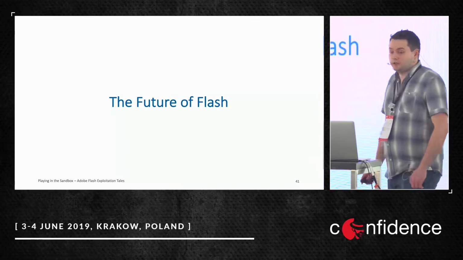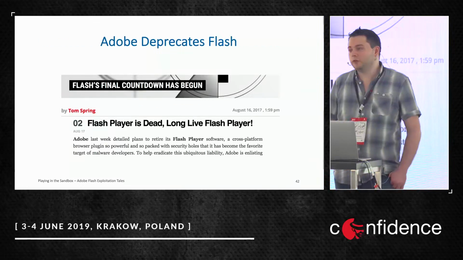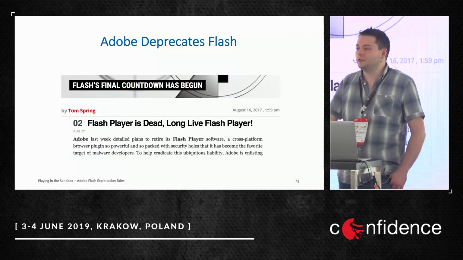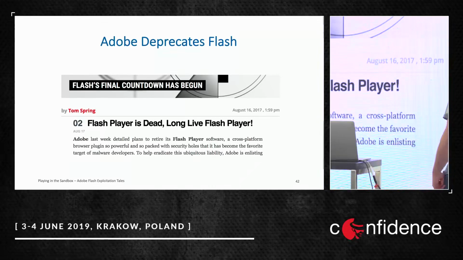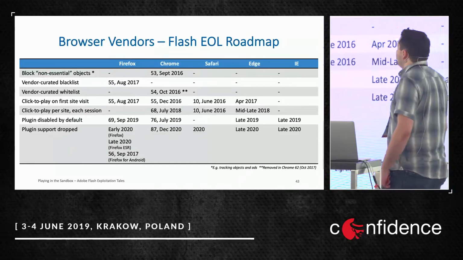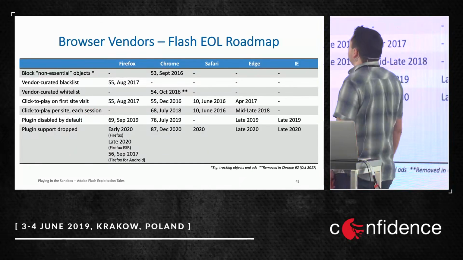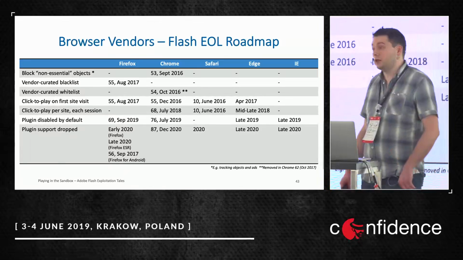So, the future of Flash. I'm sure you've all seen this announcement back in August 2017 that Adobe is going to deprecate Flash by 2020. And so I figured it was a good idea to have a look at what the industry is doing to deprecate it.